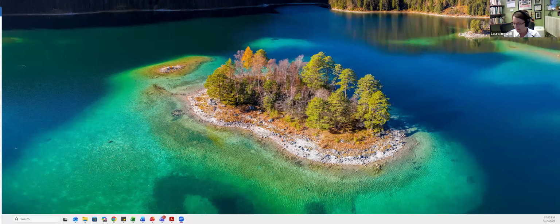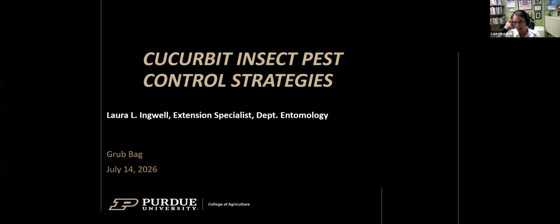Here it comes. Okay. Okay, now we're good? We're good. Awesome. My computer's trying to push IT updates, so hopefully that doesn't interrupt me too much.